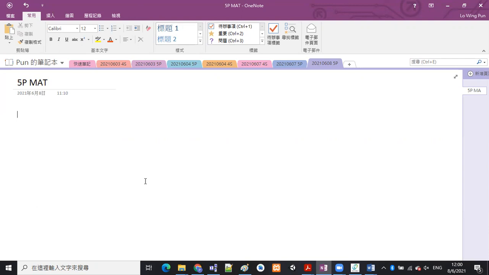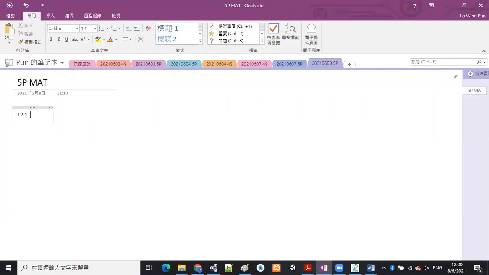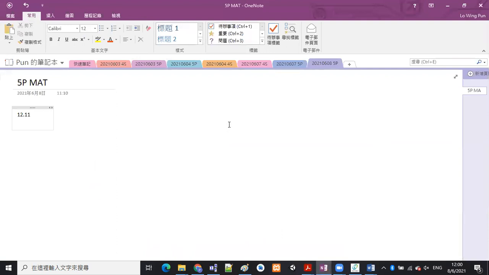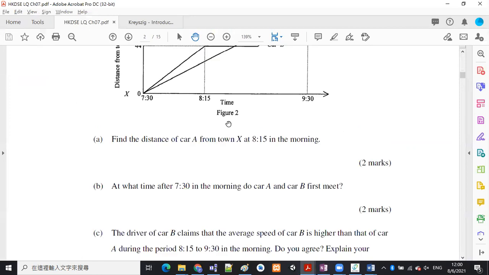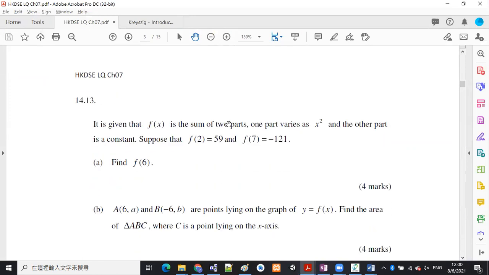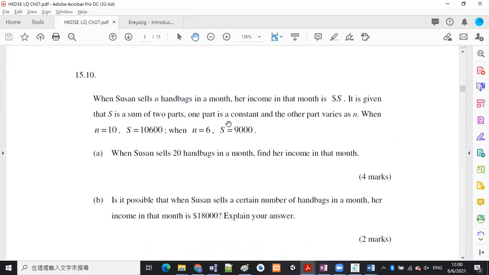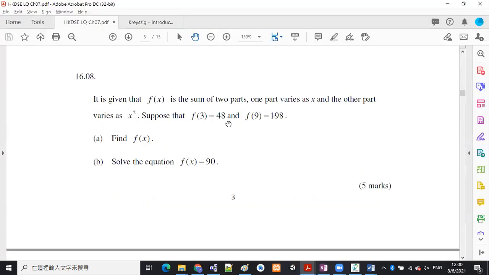So let me just write down the questions I'm going to talk about first. Should be 12.11, and then 13.11, and then in fact it's 14.13. Any more? 15.10. How about 16?